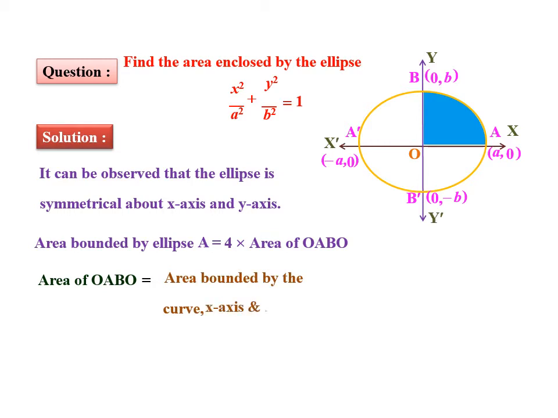So area OABO is the area which is bounded by the curve, the x-axis and x is equal to 0 and x is equal to a. So 4 times the integral from 0 to a of y.